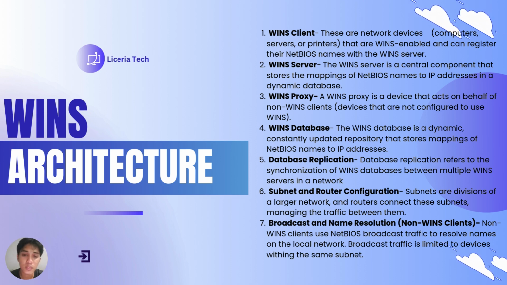So non-WINS clients can still connect to the WINS system thanks to WINS proxies. These proxies allow them to find names outside their own subnet by using the WINS servers.